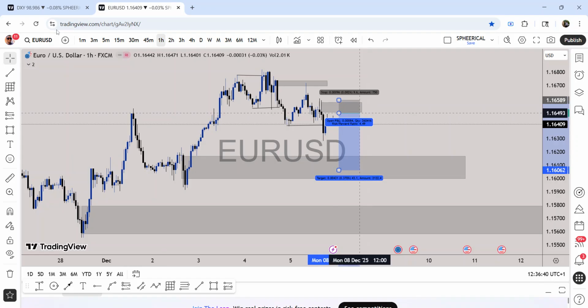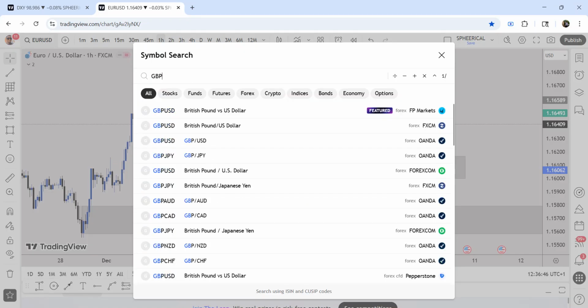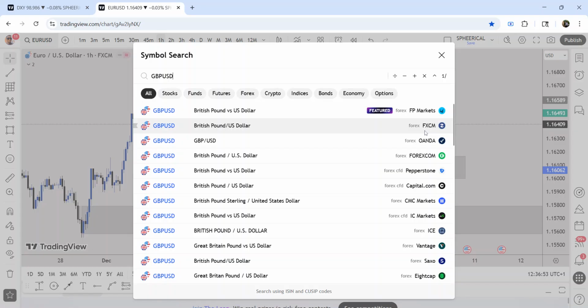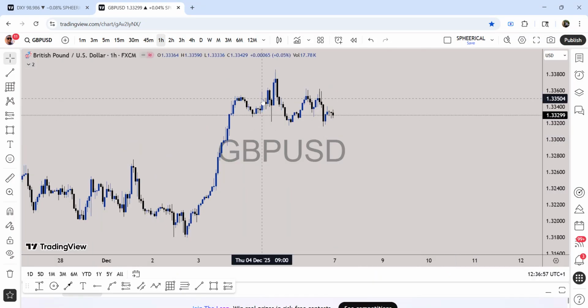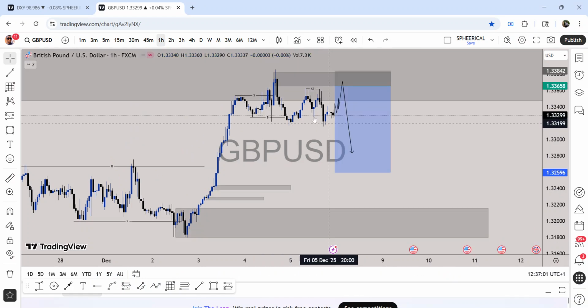Then let's go straight to GBP USD. So here we have the same thing happening. You can see it.